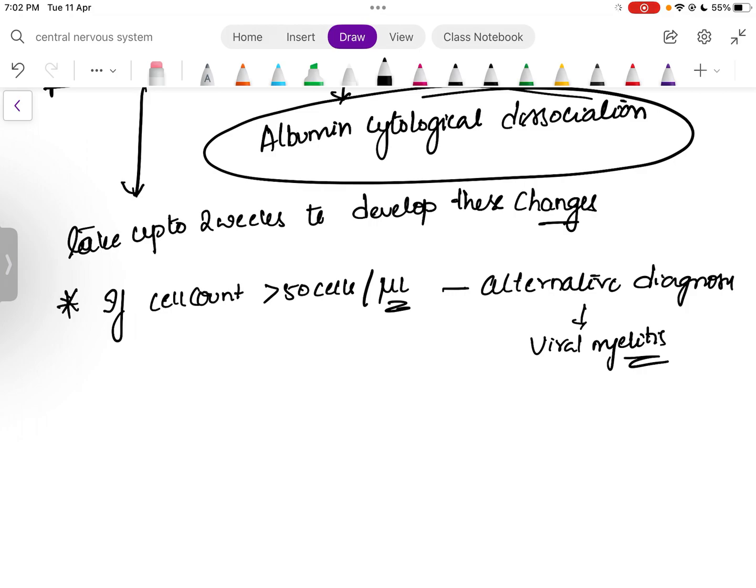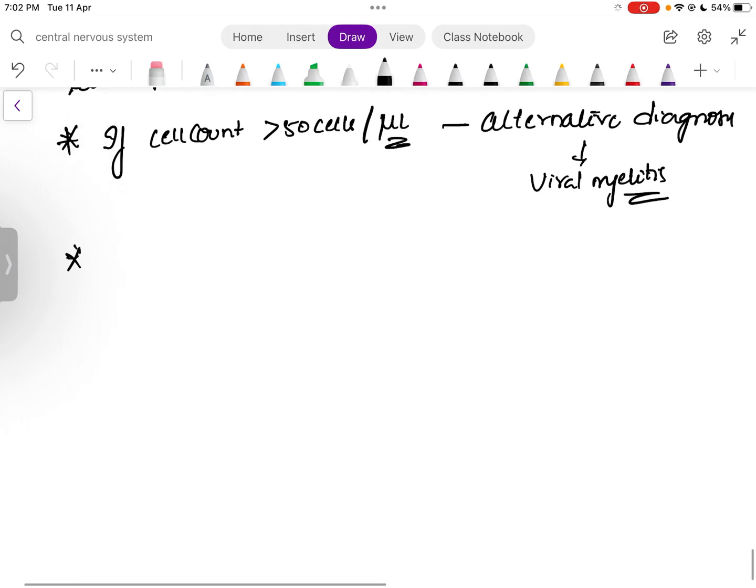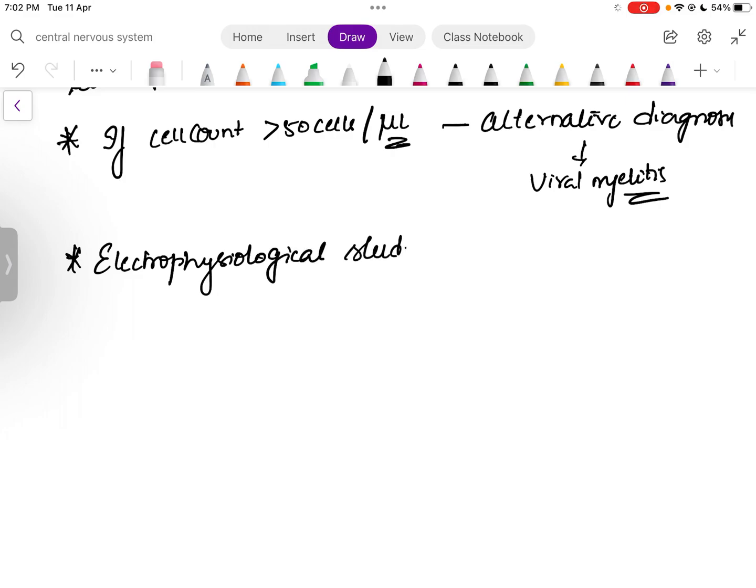So this is a classical laboratory finding, and you can do electrophysiological studies on nerve conduction.